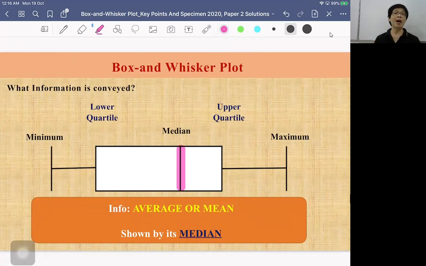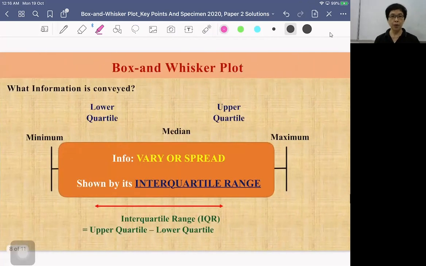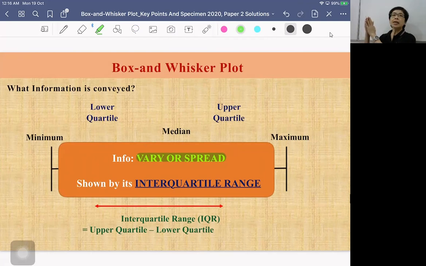Then we go to the last slide, the second and final piece of information this plot is conveying to us. The next information, you got that. It is about variation or spread. It tells us the gap between the highest and the lowest. For example, the richest in the community and the poorest in the community.